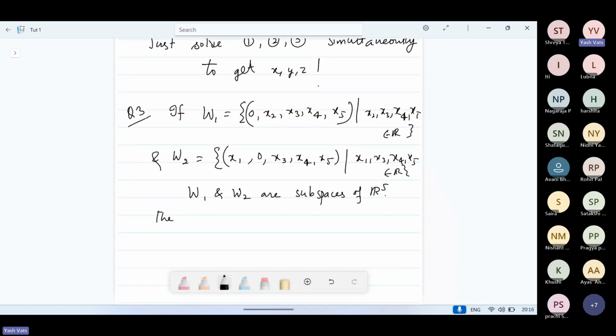Then for the time being, you need to find: is W1 intersection W2 a subspace, and is W1 union W2 a subspace?